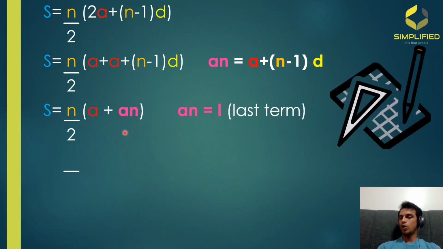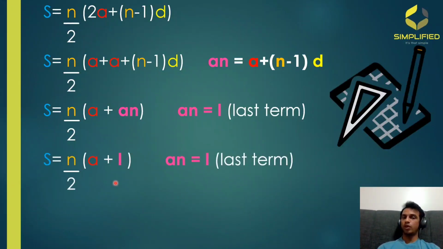In that case you really don't need to find the common difference. Instead you can directly apply this equation and find the sum. So this is how we are finding the sum without knowing the common difference within the sequence. We can write it this way also, but make sure you know that this L is the last term, or an is the last term.